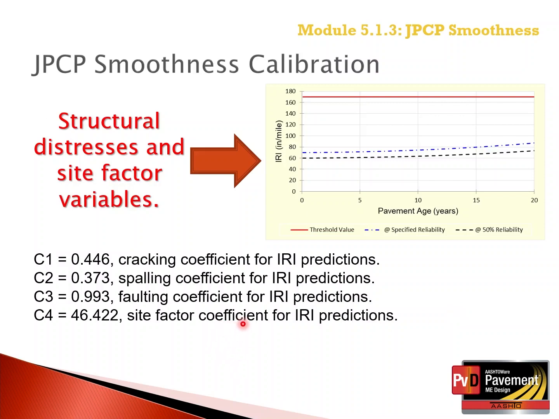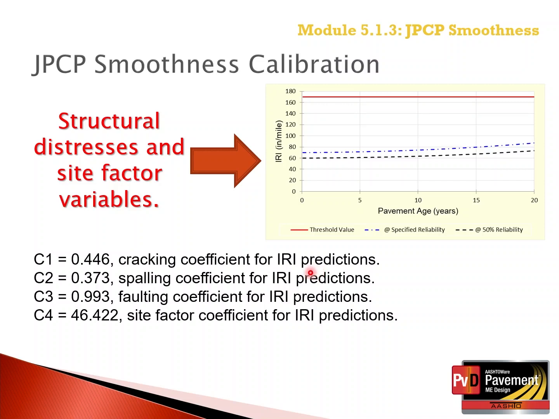This slide summarizes the coefficients that were used to calibrate the regression equation, or design premise, for predicting the IRI throughout the design period for jointed plain concrete pavements.